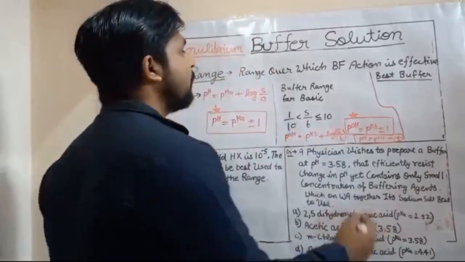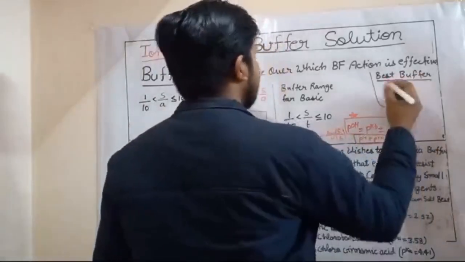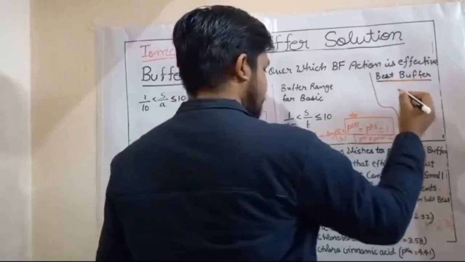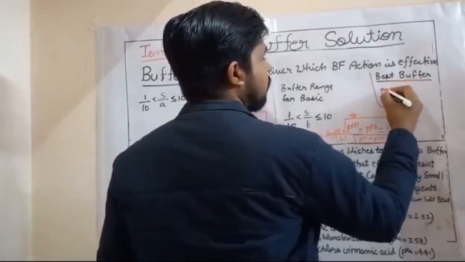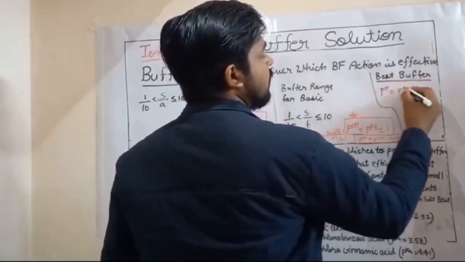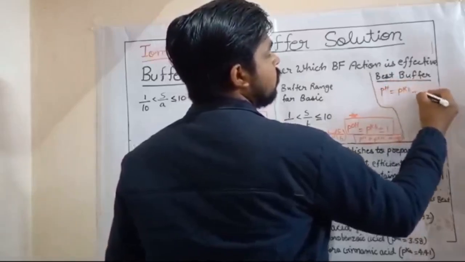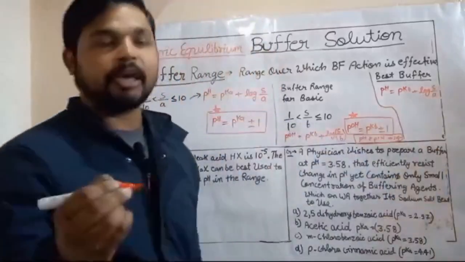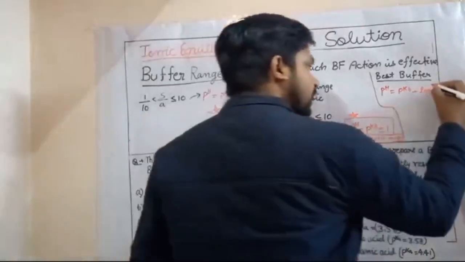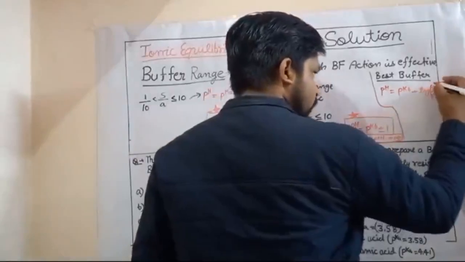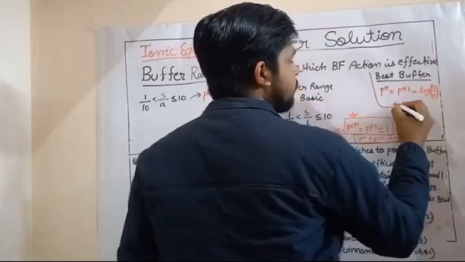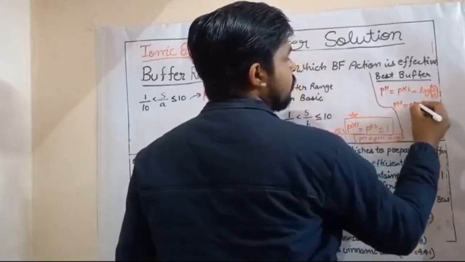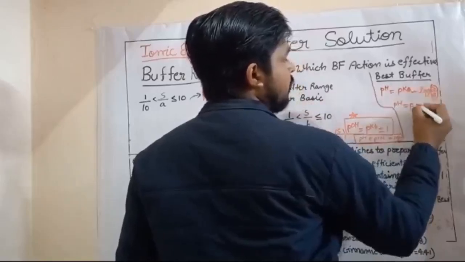Then we prepare the basic buffer, and from the equation we write pH is equal to pKa plus log salt by acid. For preparation of the buffer solution, the salt by acid concentration is equal. If the salt by acid concentration is equal, then pH is equal to pKa.